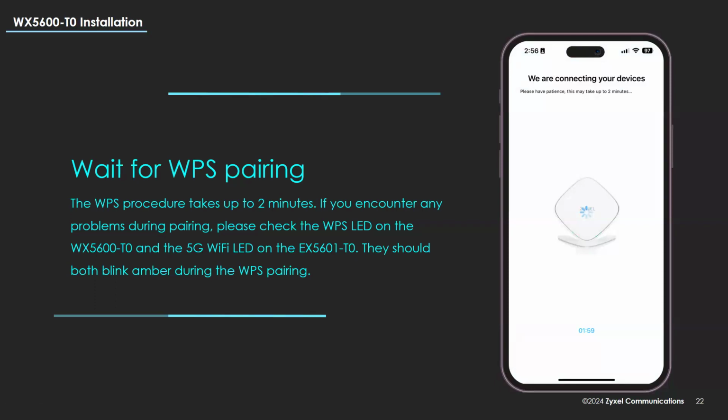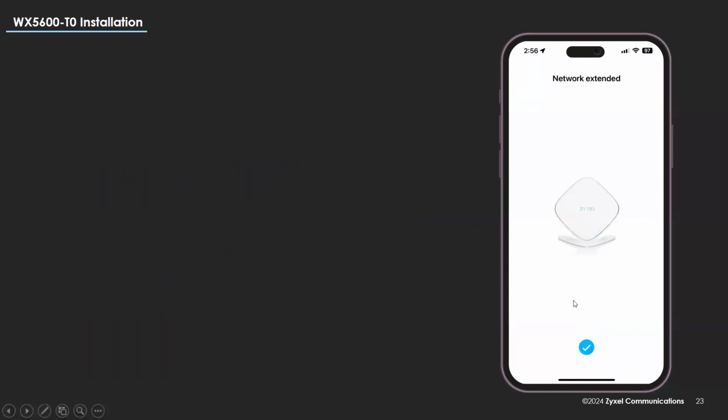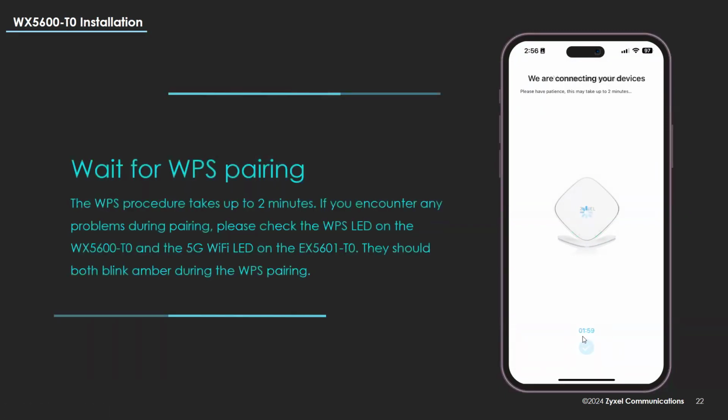Okay, and it will take around 2 minutes for the WPS pairing to finish. You can see that there's a timer here because the pairing should be successful within 2 minutes.